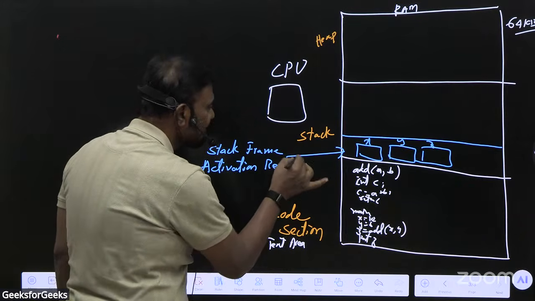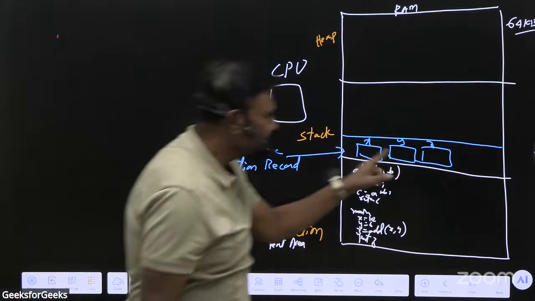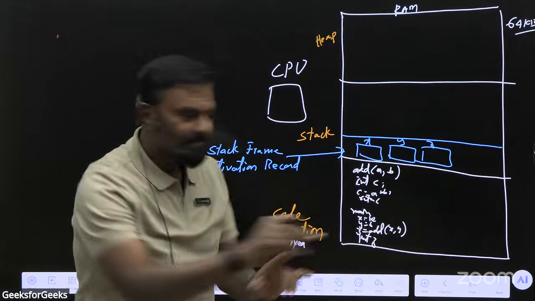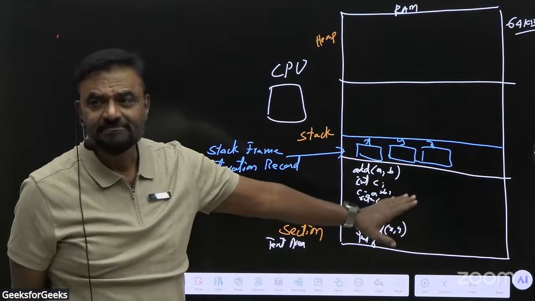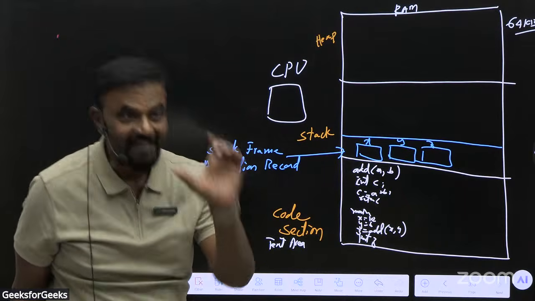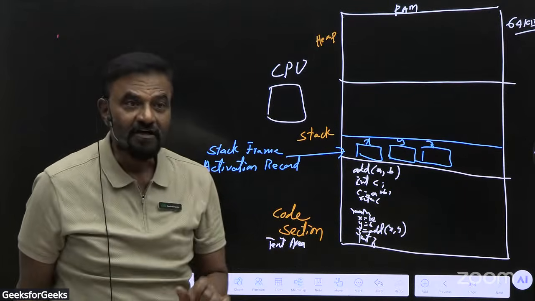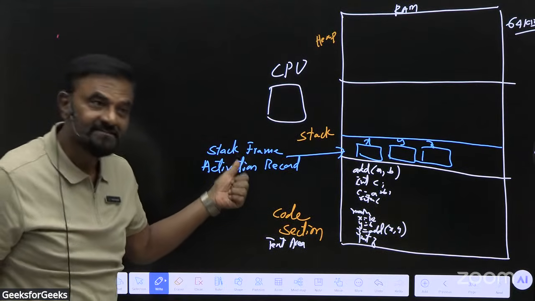If you say 2 bytes, 2 bytes, 2 bytes, total 6 bytes, but I have made it a block just to show the boundaries. Total 6 bytes belong to the variables of the main function. That piece of memory is called an activation record, or also a stack frame.